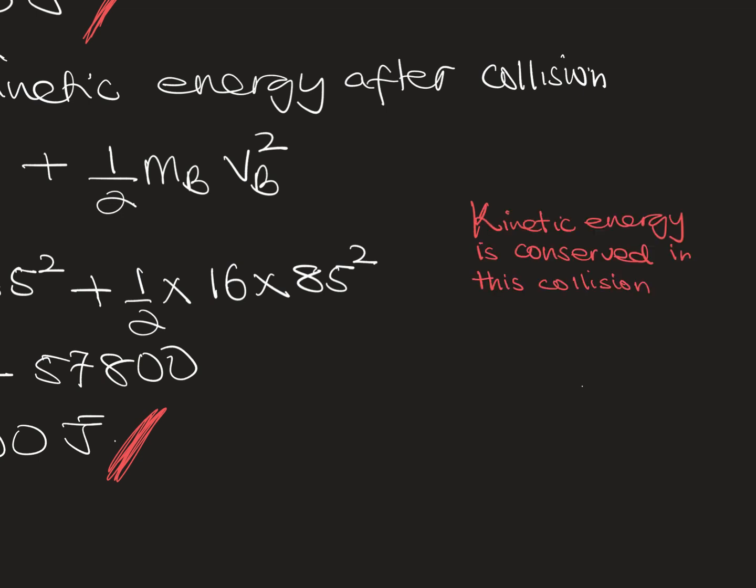A collision in which kinetic energy is conserved is called an elastic collision. For an elastic collision, the total kinetic energy before collision is equal to the total kinetic energy after collision, which means that kinetic energy is conserved, which means that there was no loss in kinetic energy due to collision.